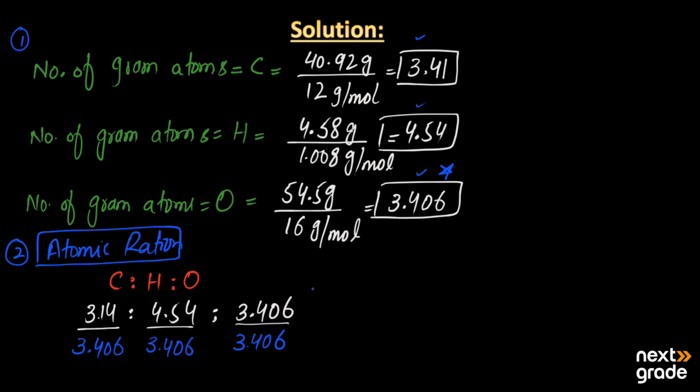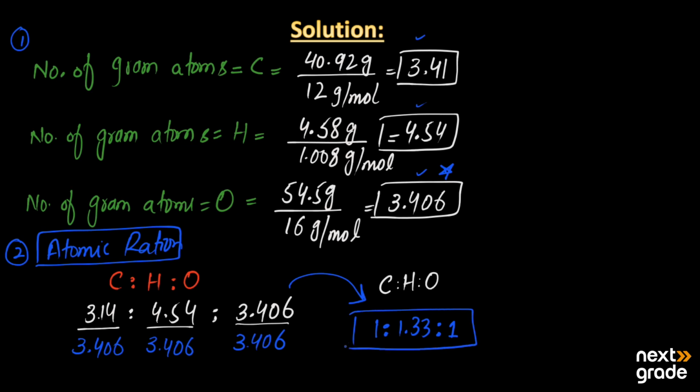We gain the simple ratio of carbon, hydrogen and oxygen: 1 to 1.33 to 1. So this is the simple atomic ratio.